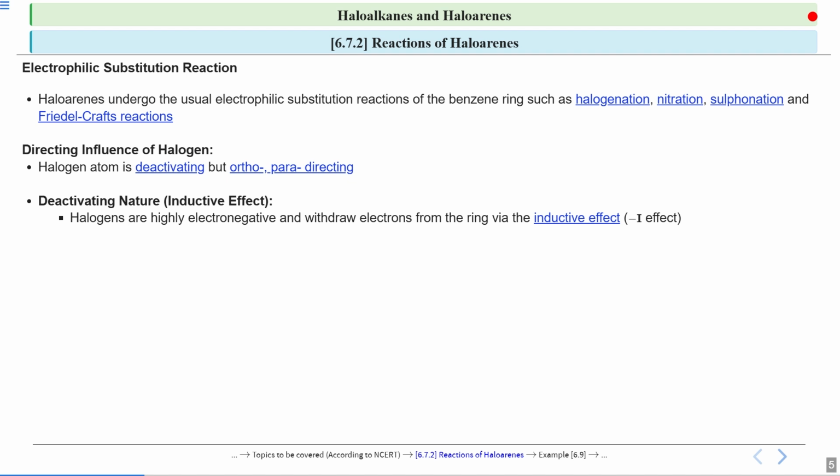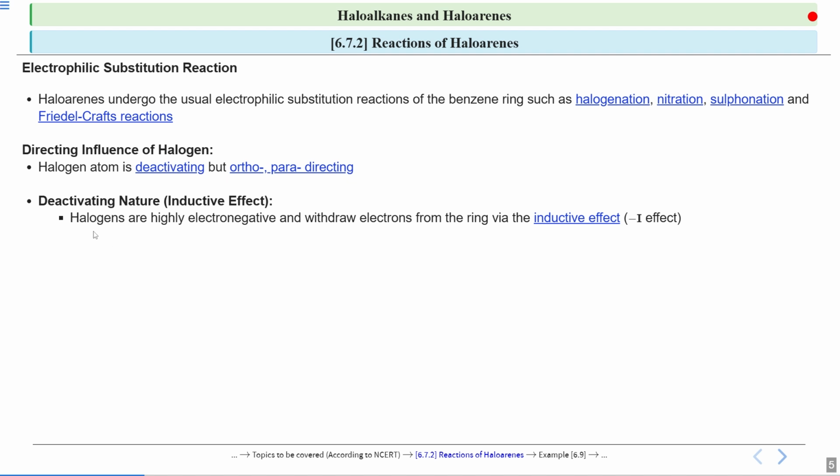The electron withdrawing group, which here is the halogen, pulls the electron density away from the rest of the molecule, resulting in a reduction in electron density along the chain or along the ring.